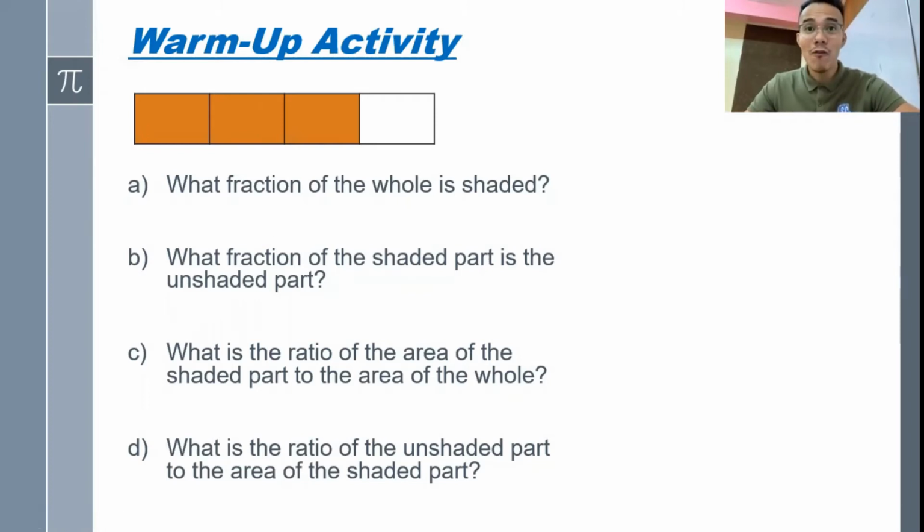So we're looking for the fraction. There should be a numerator and a denominator. 3 parts are shaded out of how many equal parts? 4. Therefore, the fraction is going to be 3/4. 3 parts are shaded out of 4 equal parts.